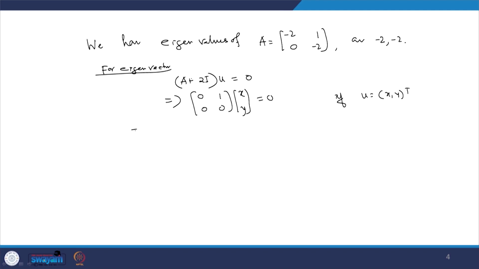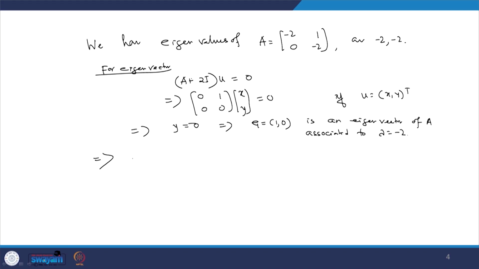So, this implies that y equal to 0, which implies I can consider e1 equal to (1, 0) is an eigenvector of A associated to lambda equal to minus 2.